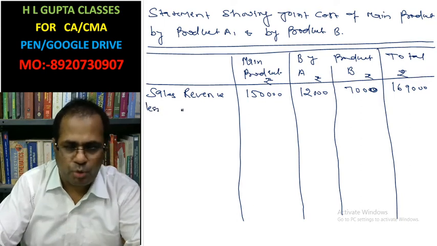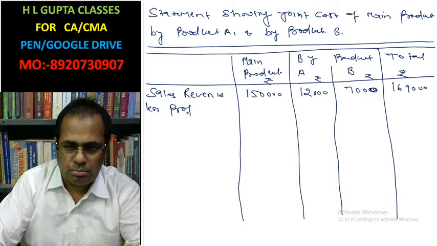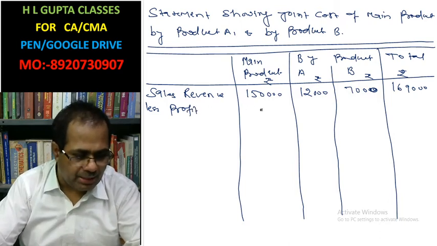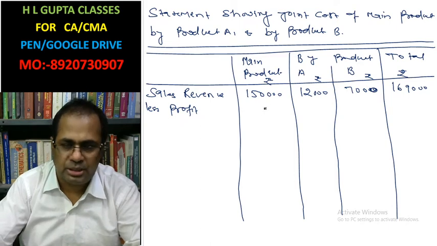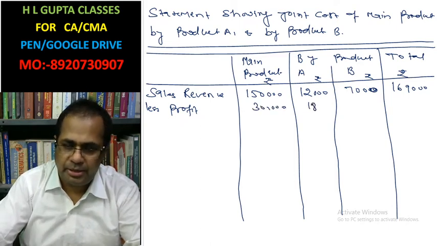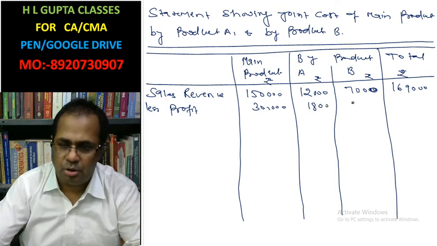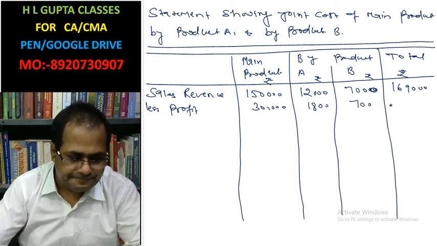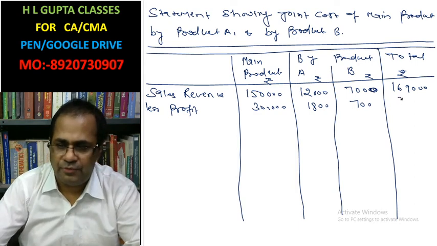Less profit. This profit we have already calculated: 30,000, 1,800, and this is 32,500. All data is calculated earlier.